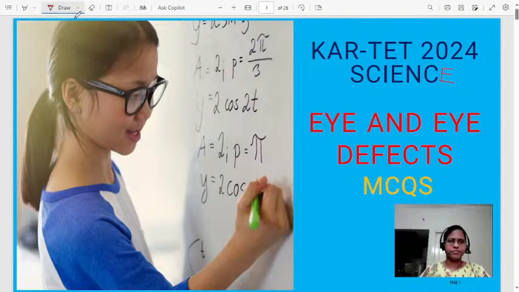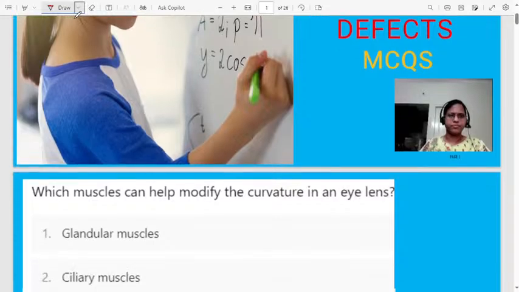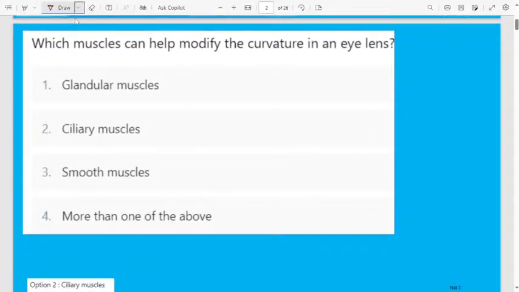Let us discuss a few important topics based on the topic eye and eye defects.